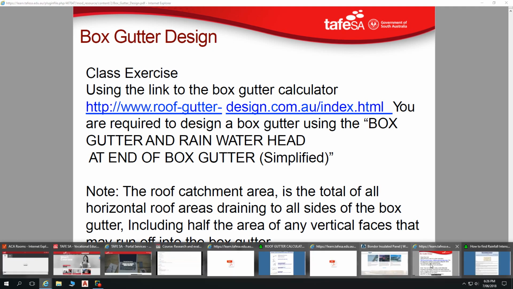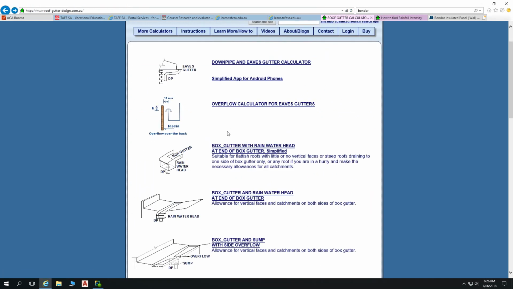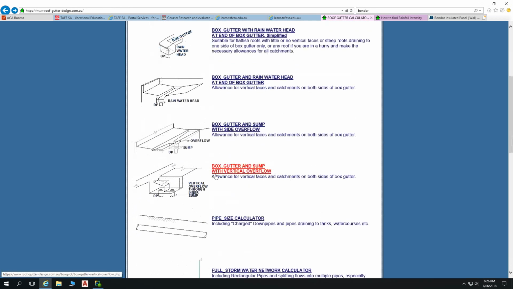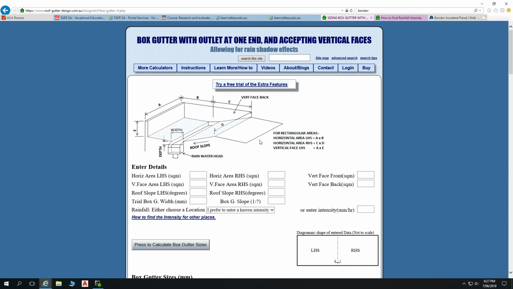There is also the ability with this to do more complex box gutter calculations as well. So box gutter and rainwater head and box gutter allows the vertical faces and catchments on both sides of the gutter. So there's the option to muck around with that and run that box gutter calculator as well.